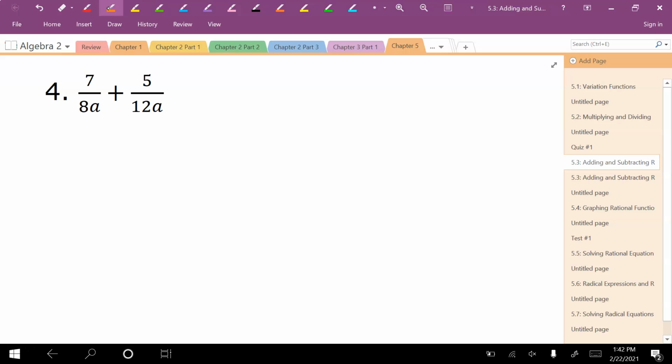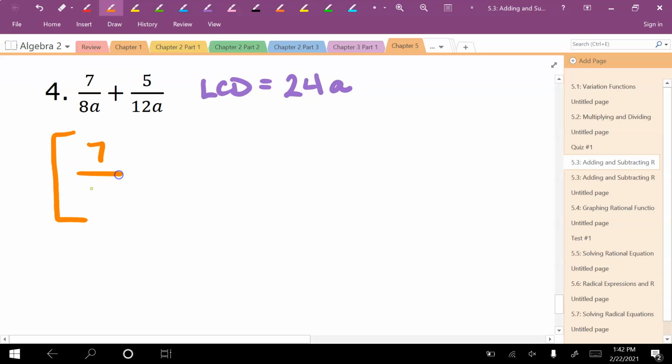So what's your least common denominator here? What's a number that both 8 and 12 could go into? 24. And we also need an a, which they both already have an a, correct? So really all we need to do is worry about the numbers here.